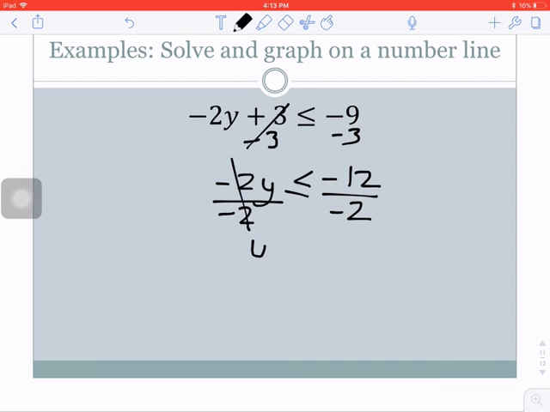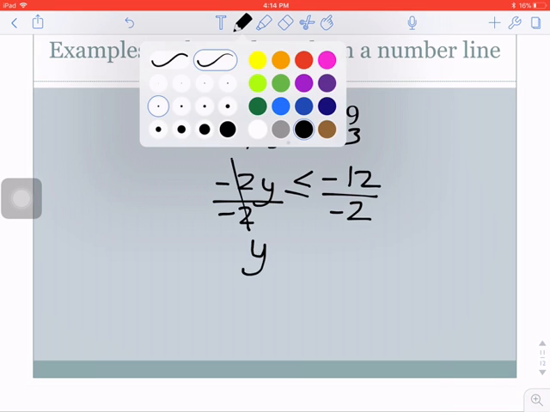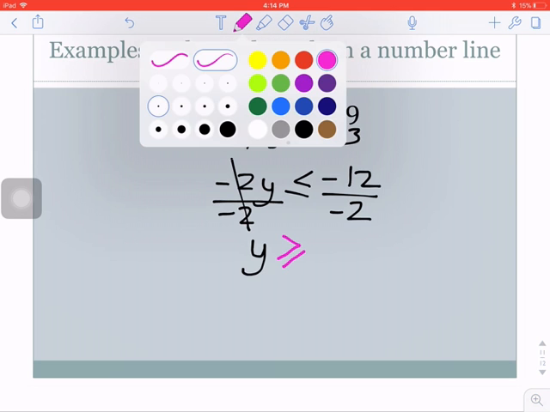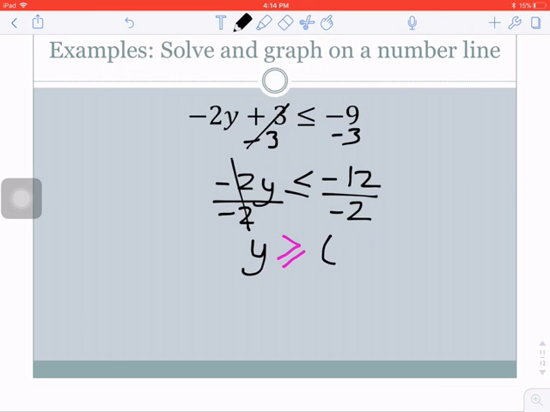All right, so y, I'm going to do this a different color, greater than or equal to positive 6.